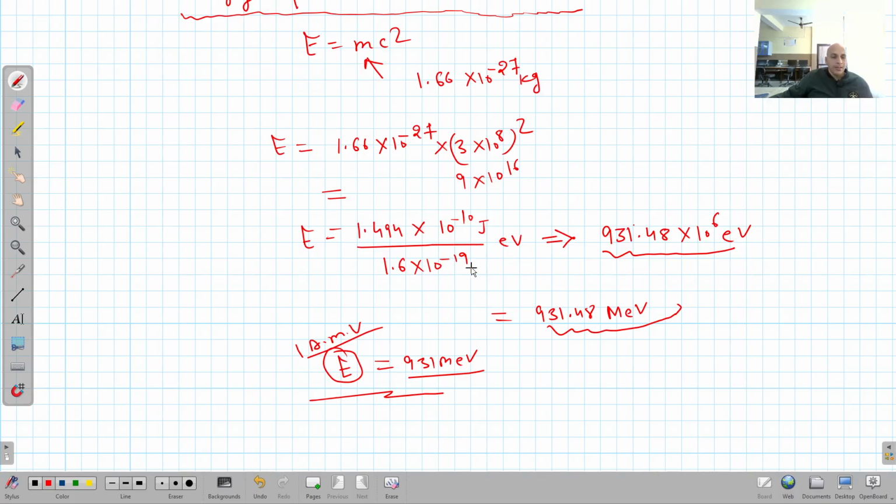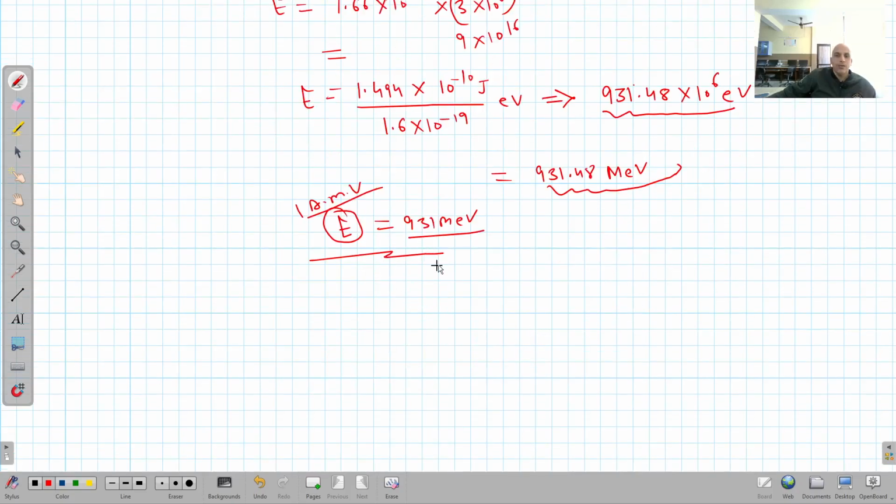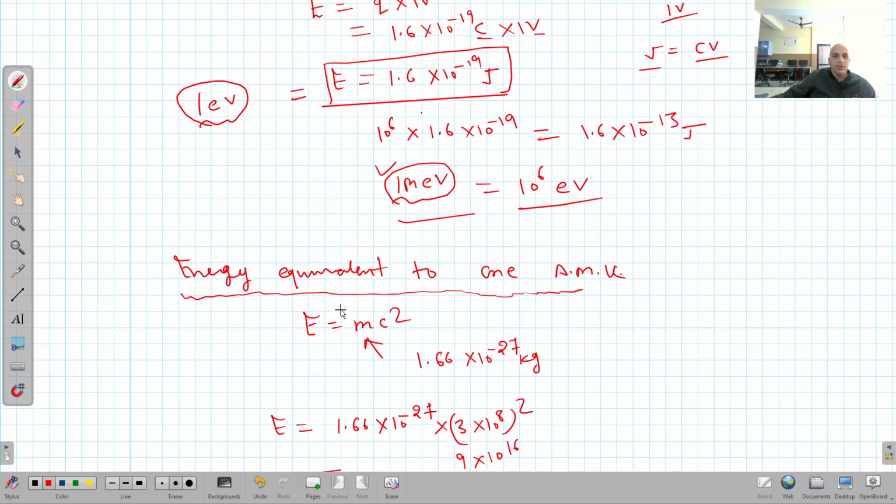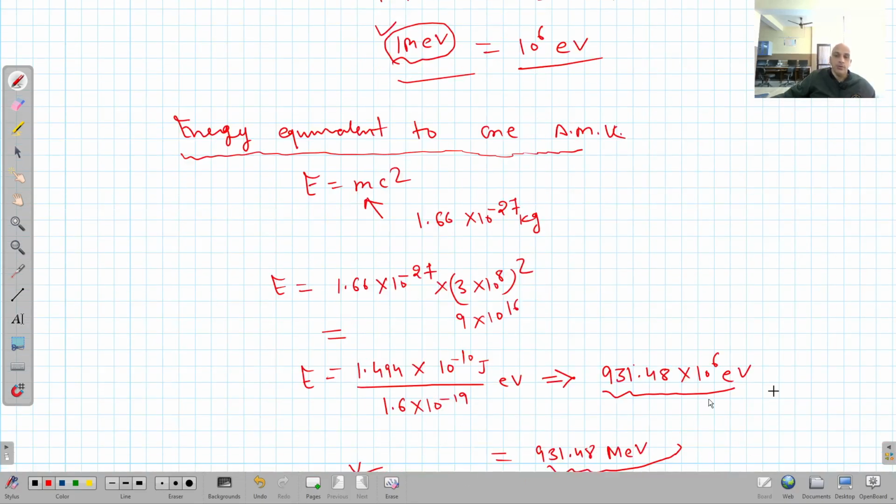Then I converted this into electron volt by dividing it by 1.6 into 10 raised to power minus 19 joule, because we know very well that 1 electron volt is equal to 1.6 into 10 raised to power minus 19 joule. When I simplify it, I found 931.48 into 10 raised to power 6 electron volt. 10 raised to power 6 electron volt, I can say mega electron volt. So it is 931 mega electron volt, right? So this is about the energy equivalent to 1 AMU.